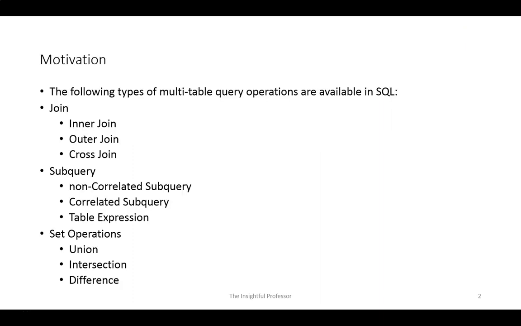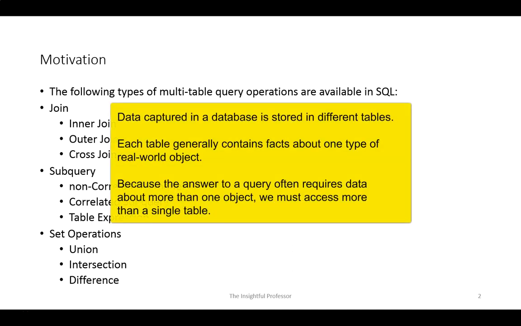Before we examine our new topic, let's recap the idea of multi-table operations. Information needed from the database does not always reside in a single table. This is the nature of a normalized database, where each table is a representation of information about just one type of object.